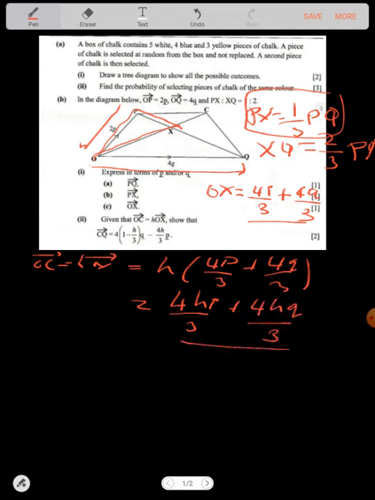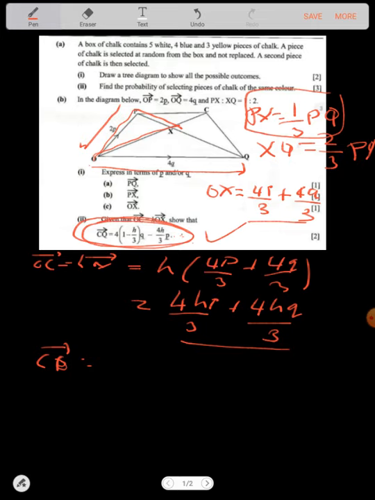This is what OC is. And I'm saying, show that CQ is equal to this. Don't worry about what we've given. We are just proving that CQ is equal to this. But in short, you have to find CQ and show that it's equal to this.